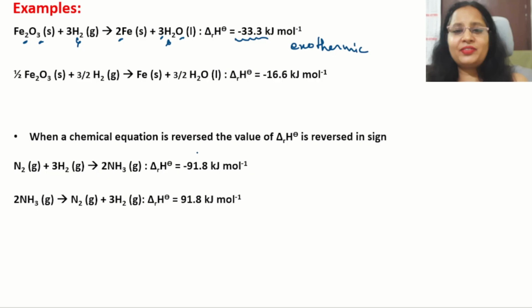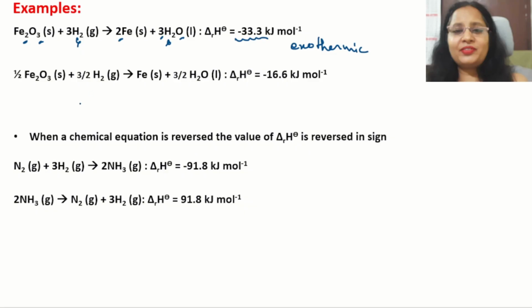By seeing a thermochemical equation, we can tell how many moles are used: 1 mole of Fe2O3 and 3 moles of hydrogen are added, and it gives 2 moles of iron and 3 moles of water. Second, it's an exothermic reaction, which means a lot of heat is evolved during the reaction.